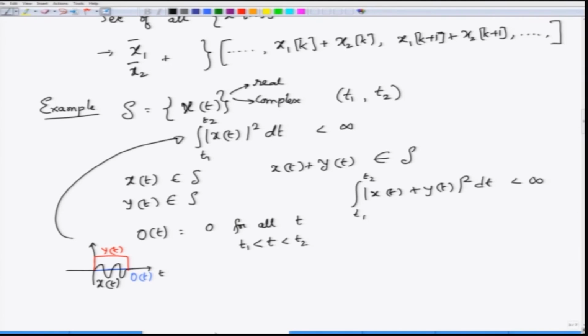And if I want to specify this as a point, I have drawn a graph here, but how many points do I have to specify, or how many samples of x of t do I have to specify? I should actually specify an infinite number of values, right, because t is varying continuously over t1 to t2, so there are an infinite number of points. So, each vector or each signal, which is now a vector, will be specified by an infinite number of points, and there are of course an infinite number of such vectors.